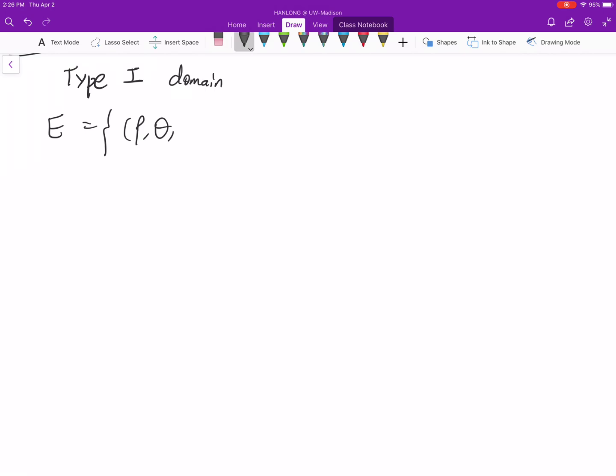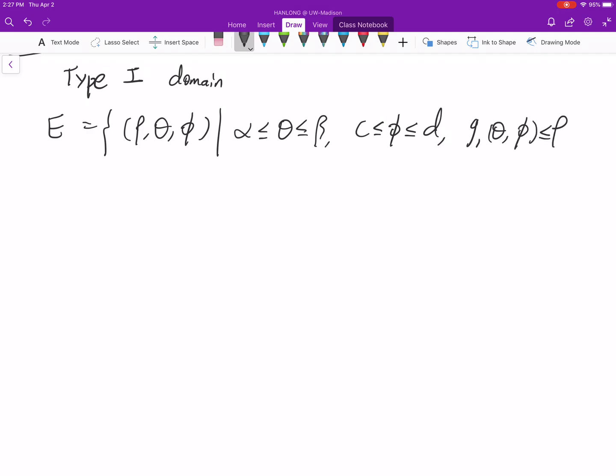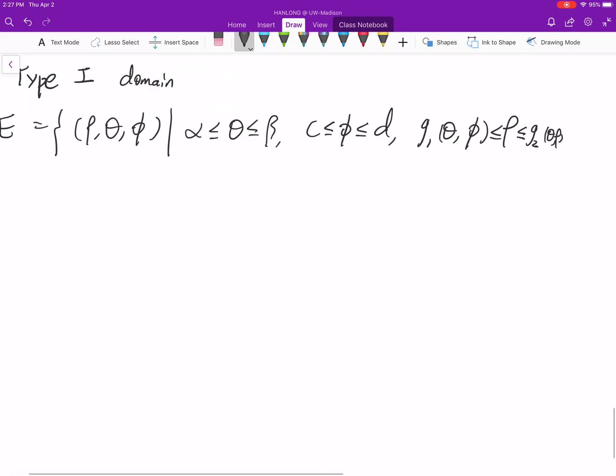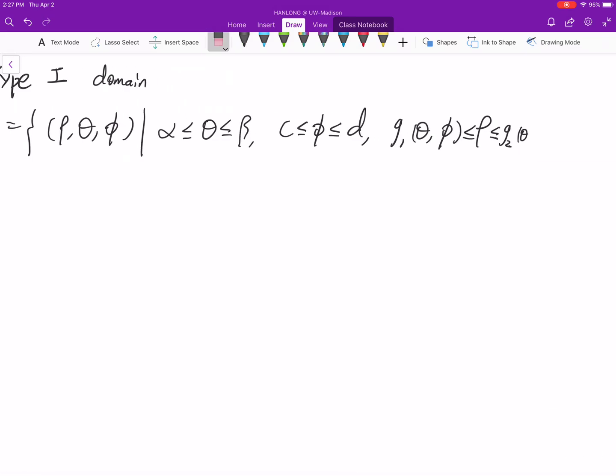For example, we might be interested in the type 1 domain, where you change the range for rho to be bounded by two functions of theta and phi.